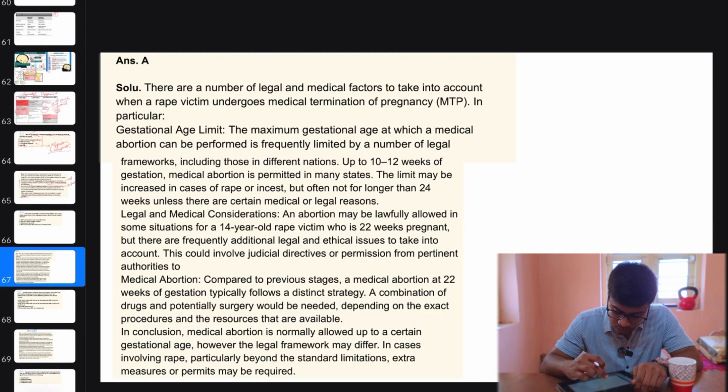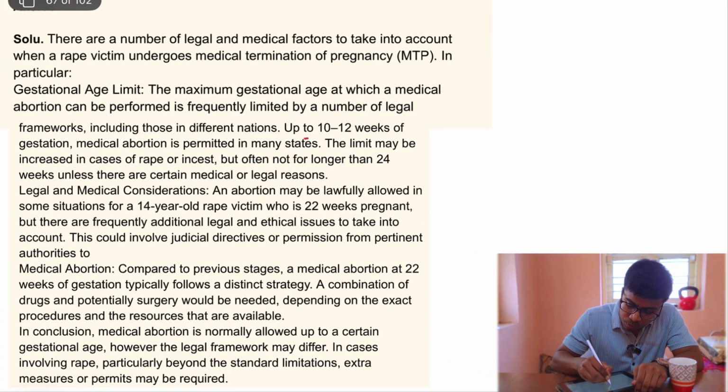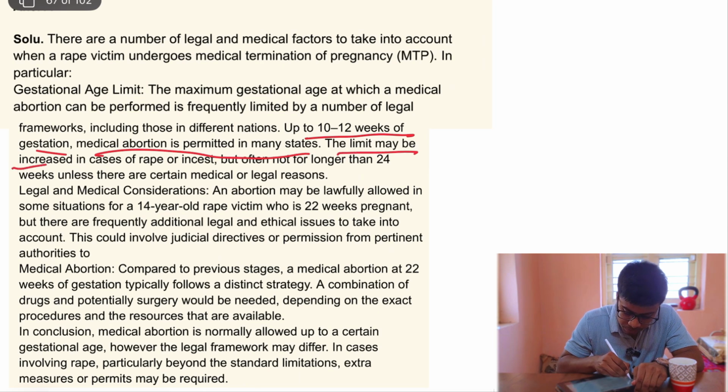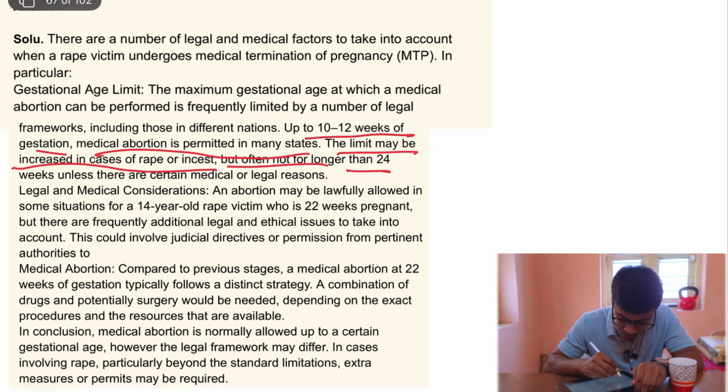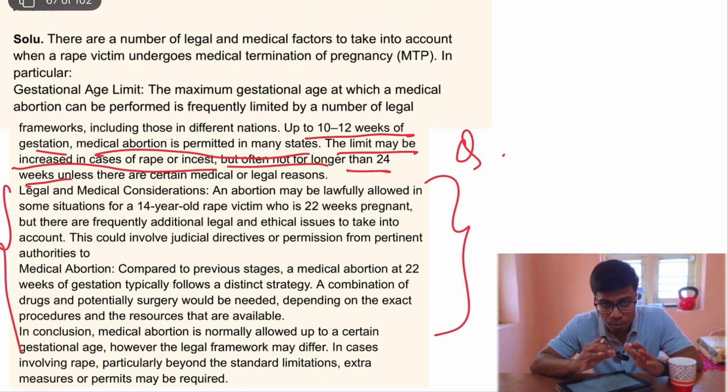So let's discuss now the gestational age. Up to 10 to 12 weeks of gestation, medical abortion is permitted in many states. The limit may be increased in case of rape or incest, but often not longer than 24 weeks. But less than 20 weeks we can. So the question is solved. Legal and medical considerations are there, so you have to read it thoroughly, and I have given its proper explanation here.